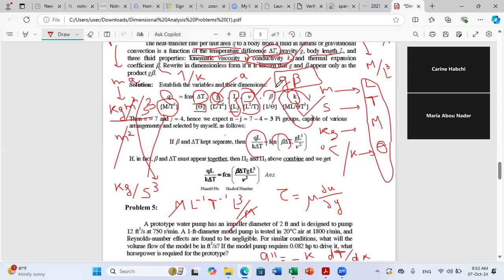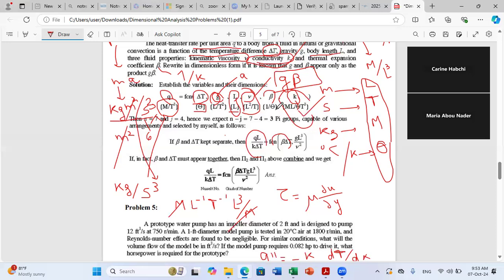If they form one variable, instead of n equal to 7, n will be equal to 6. When you state your variables, you group g and beta. The dimension of g times beta is L over T squared theta.